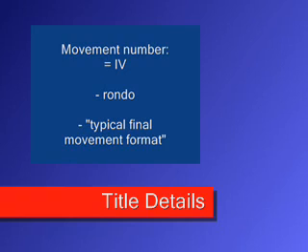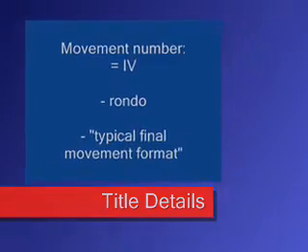Rondo is the typical final movement format. If a composer does not choose to use sonata allegro, chances are very good that he will choose to use rondo in this position in 3 and 4 movement works. So in this composition we have this movement format in its typical position.